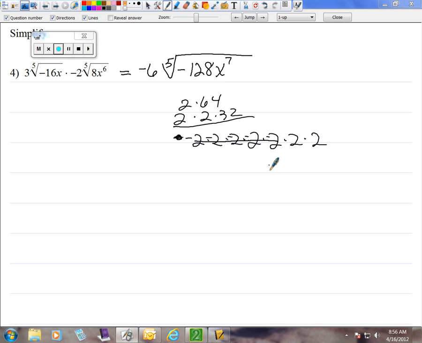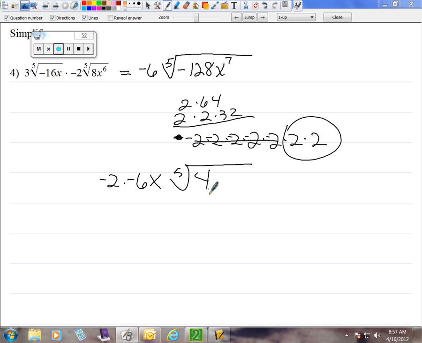So now we have a -2 times a -6. Let's do the exponent. How many times is 5 going to 7? So you take out an x to the 1st. Now what's left inside for the number? 2 times 2 is 4.